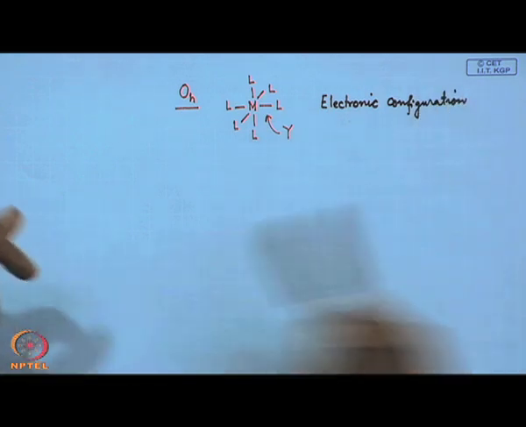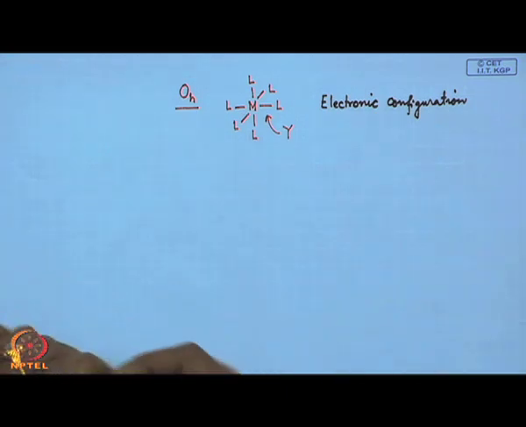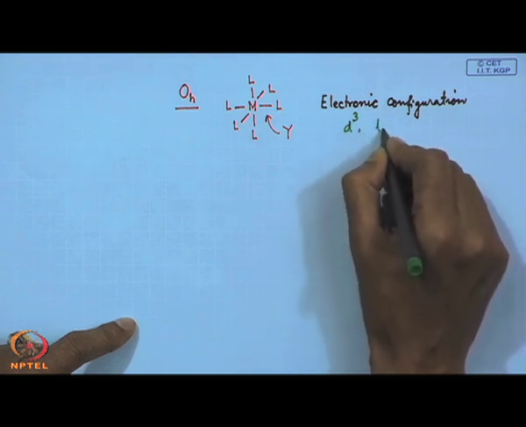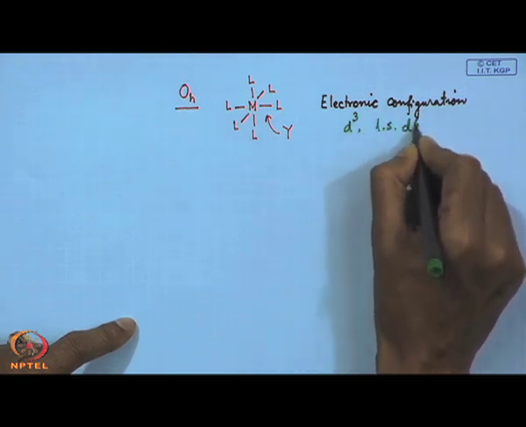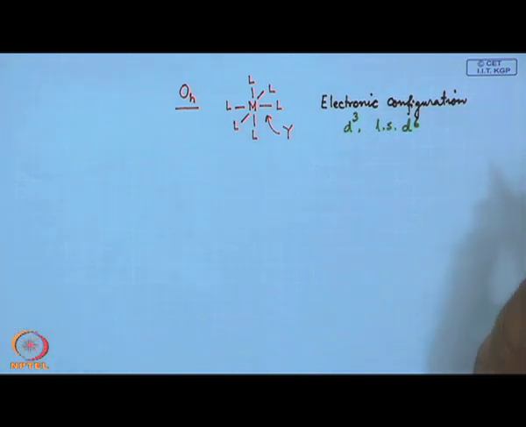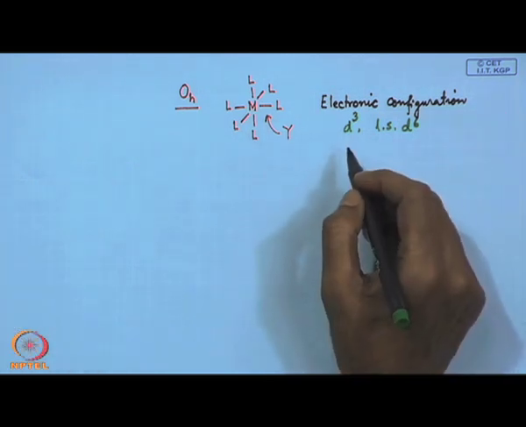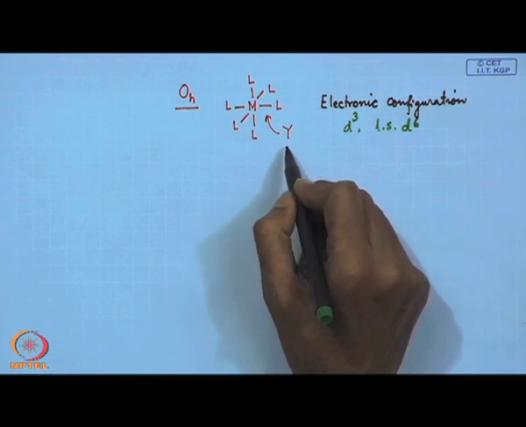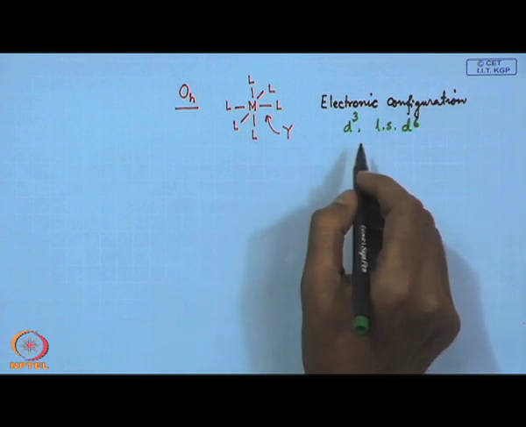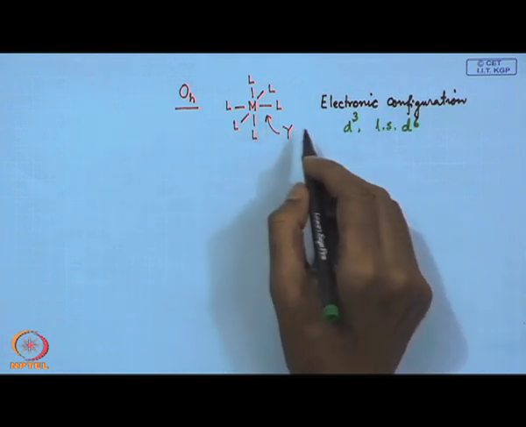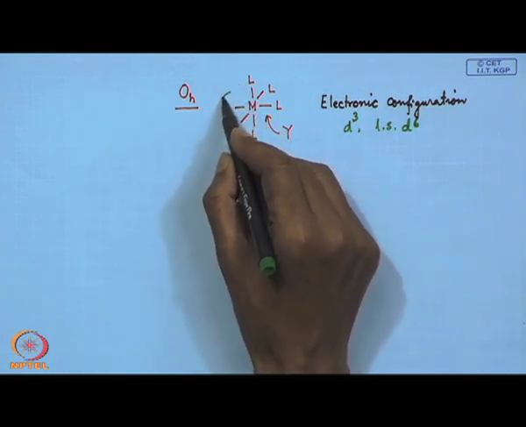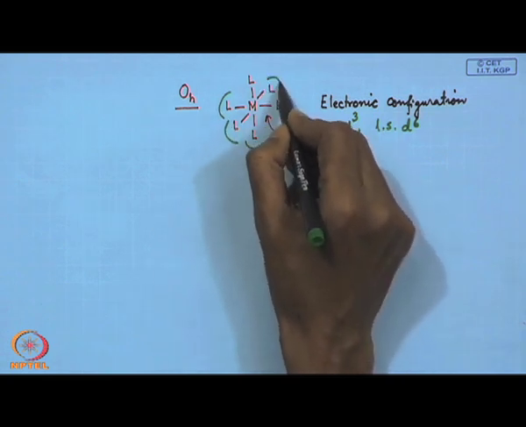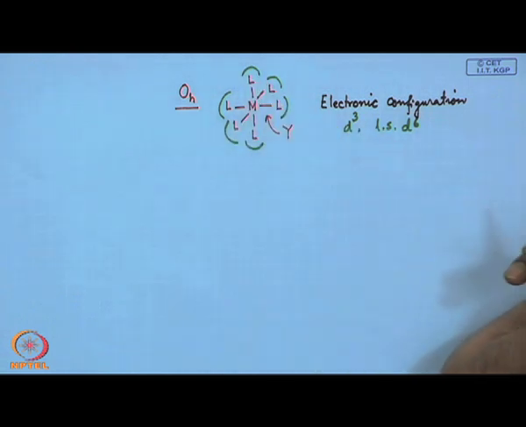When we consider, say, d3 or some low spin d6 metal ion, they behave differently with respect to the species which is coming to attack that metal center. And not only the electronic configuration, but also the coordination environment, which is an octahedral environment, is important.